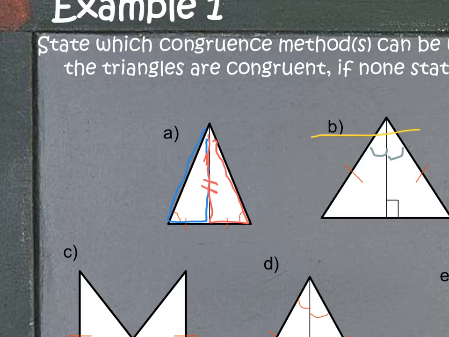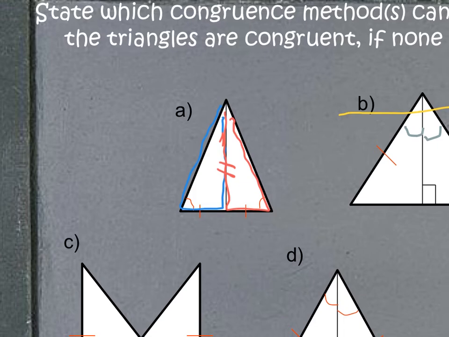When we go to write proofs, we would state that that side is congruent to itself, and the reason would be reflexive. Now, if you look at the triangle here, notice I've got a side that's marked, I've got an angle that's marked, and then I can do the side that they share.